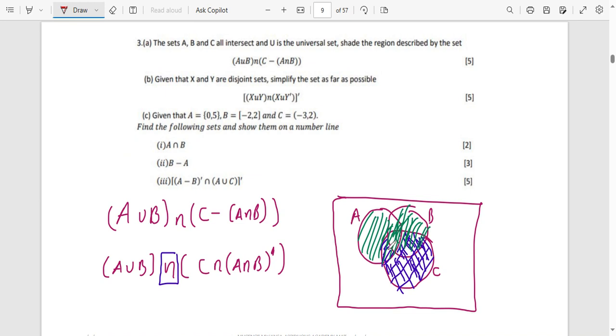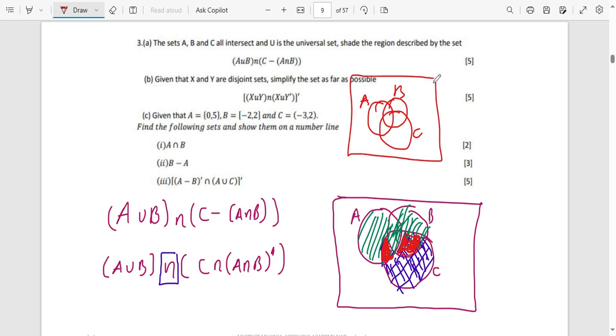They're only intersecting here and also here. Let me draw them. That's the only region where A union B is intersecting with the other set. I hope it is okay.